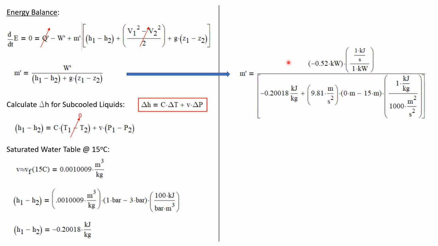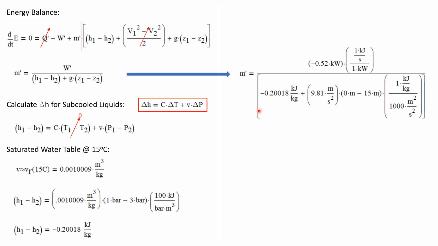Now we have enough information to solve for the mass flow rate. It's the work or power term. It's minus 0.52 kilowatts, which we'll recall that a kilowatt is defined as a kilojoule per second. So I'm going to make that unit conversion. And then we're going to divide by h1 minus h2, which we calculated has this value here, minus 0.20018 kilojoules per kilogram.